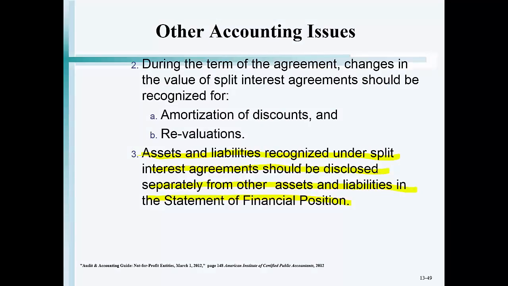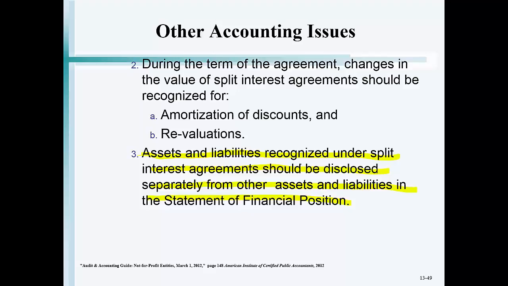Now, we're still on split interest agreements here. When we report assets that are held under a split interest agreement trust, we have to report those as a separate line item on our financial statement. So that $200,000 cash, we don't roll it in with the rest of our cash. We'd say cash held under split interest agreement trust, right?